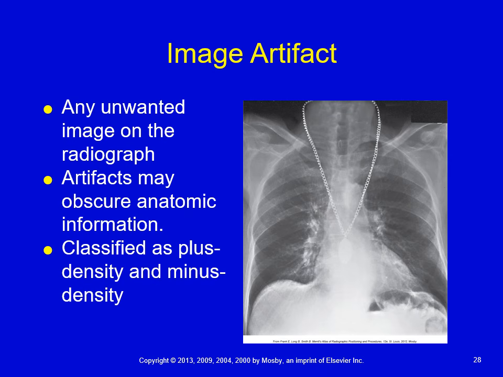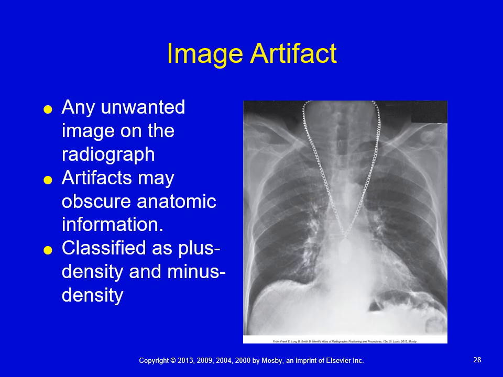What I would consider a plus density artifact would be something like a double exposure. It would probably be difficult for you to get a double exposure these days because we're using digital, unless it was maybe a CR image and you mixed up your film and shot one body part over another body part.